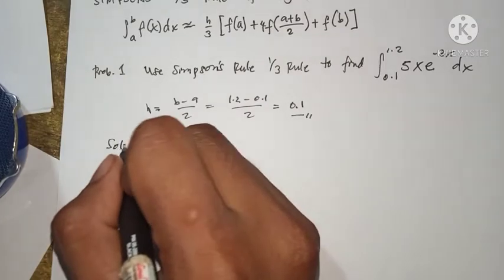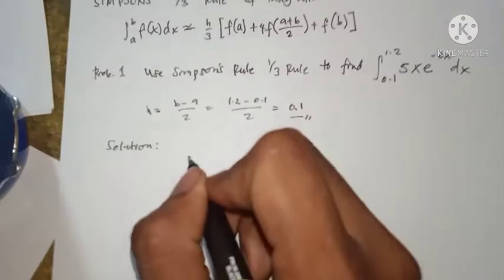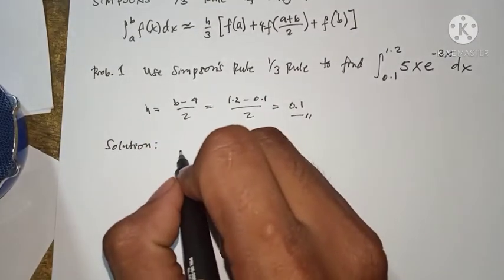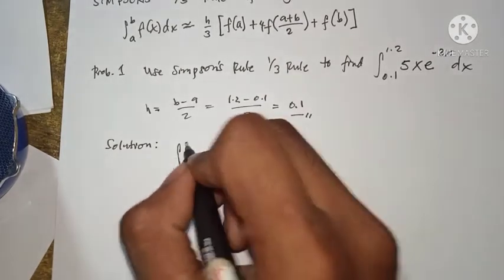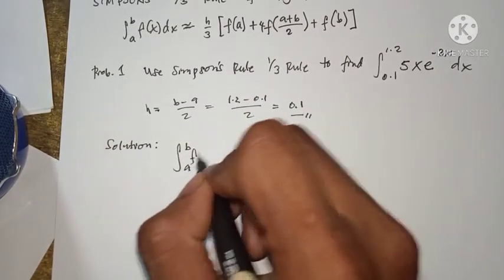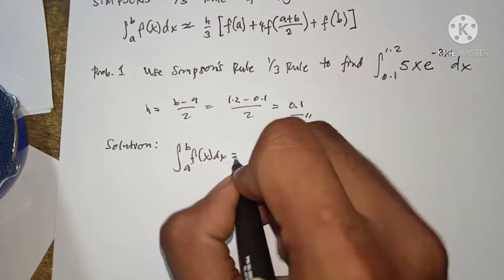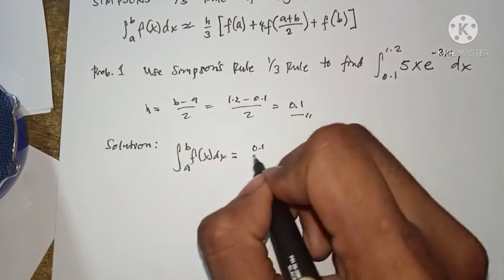So the solution for this multiple choice number 1 is the integral from a to b of f(x) dx, which is equal to h, 0.1, over 3.